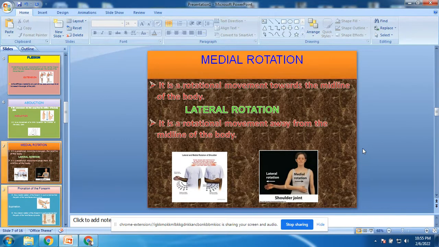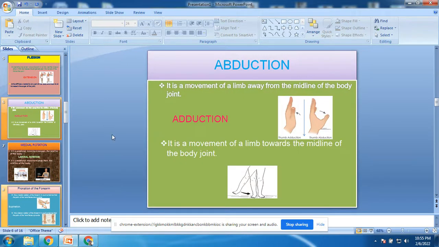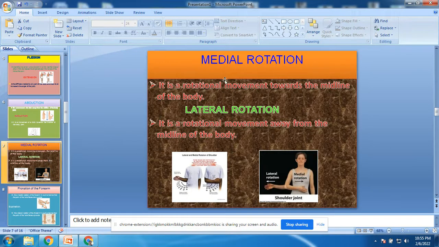Medial rotations. It is a rotational movement toward the midline of the body, like this. Lateral rotation. It is a rotational movement away from the midline of the body.